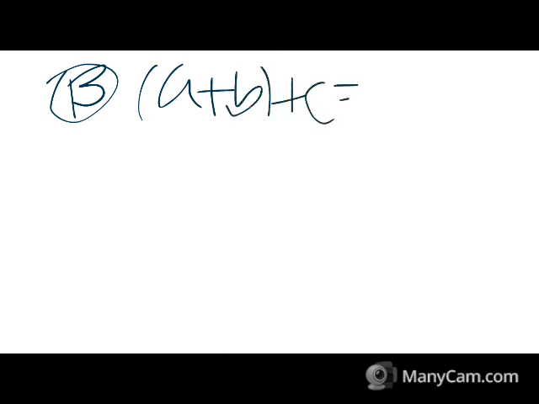Let's try letter B. For all real numbers a, b, and c, a plus b plus c equals b plus a plus c. And this happens to be true because first we use the commutative property.